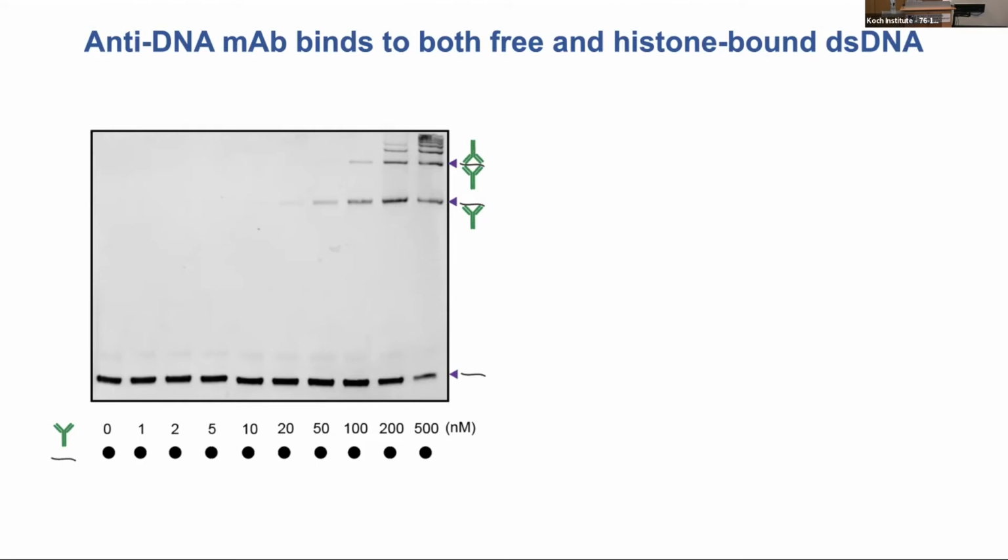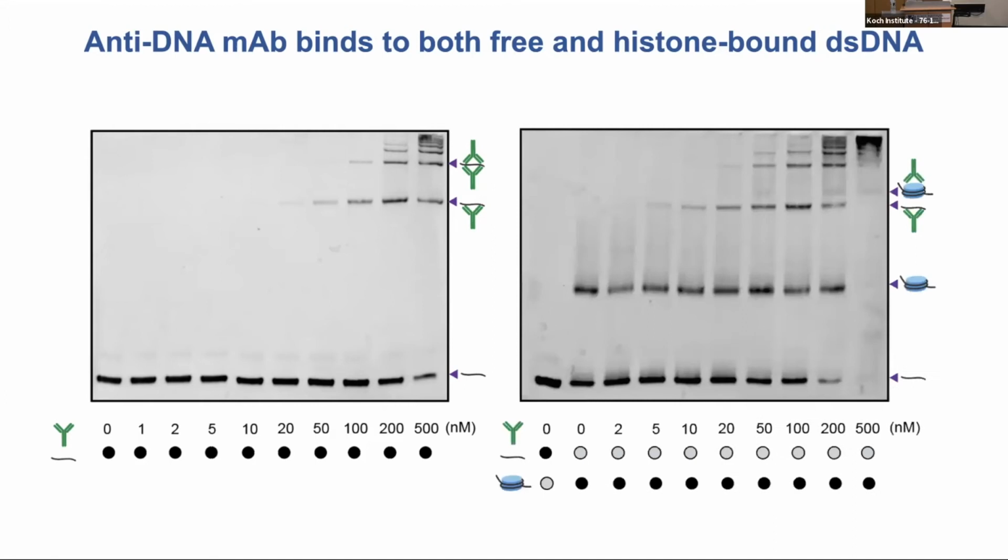But then the next question was, well, what about nucleosome-bound DNA? So we did the same experiment, but this time we also included nucleosome-bound DNA. You can see evidence of that with the appearance of this middle band, which corresponds to DNA wrapped around the histone octamer.